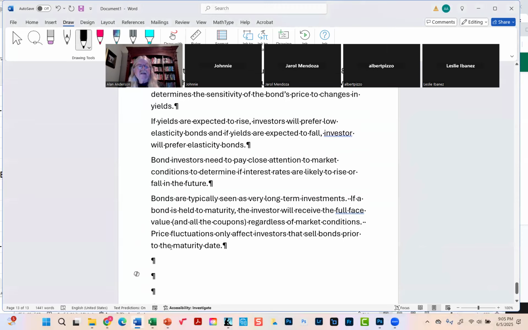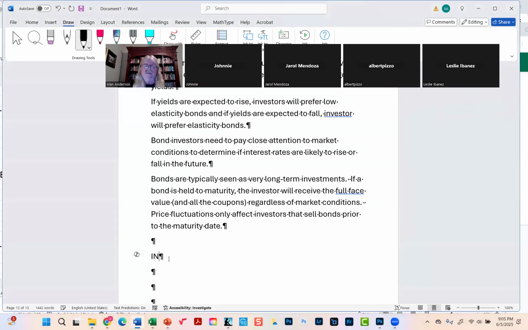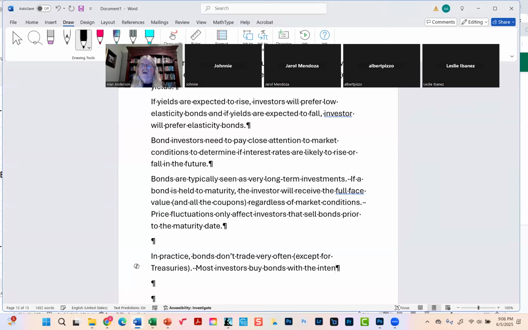So in practice, except for treasuries, bonds don't trade very often. Most investors buy bonds with the intention of holding them for long periods of time. It's not like stocks. People buy and sell them all the time. You get tired of the stock, you get worried about it, you sell it.